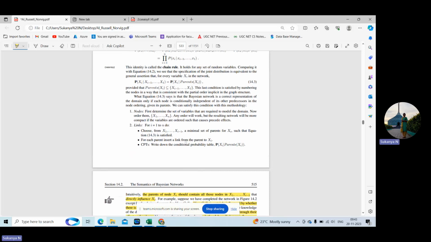Okay, so only if these nodes are independent, we can define this domain and construct a Bayesian network.